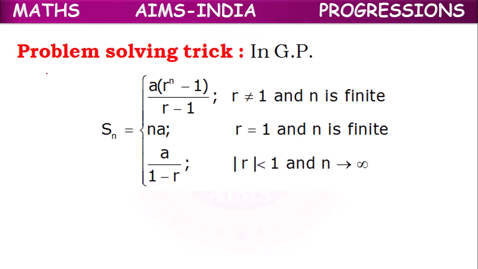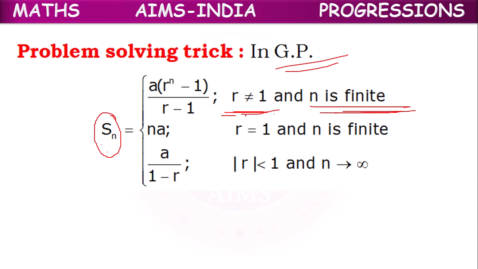So now we have learned different formulas for sum of GPs. Suppose we want to find the sum of n terms of a GP. If n is finite, r is not equal to 1, then the general formula is a into r power n minus 1 by r minus 1.